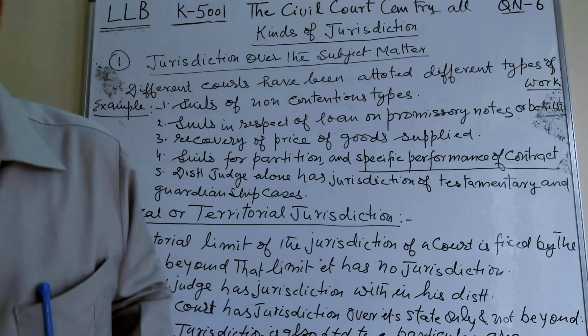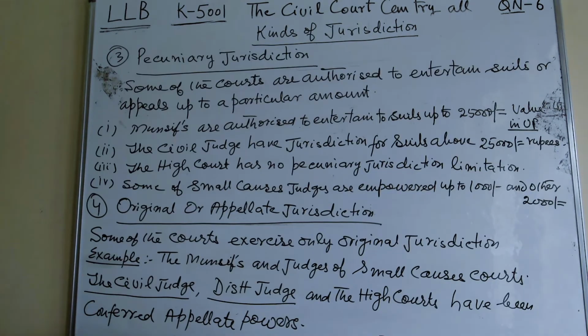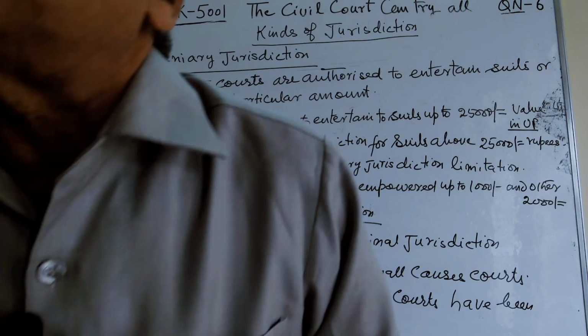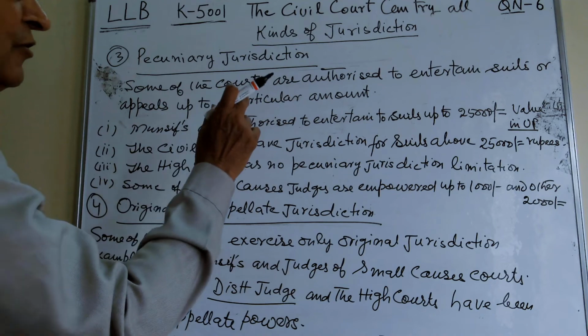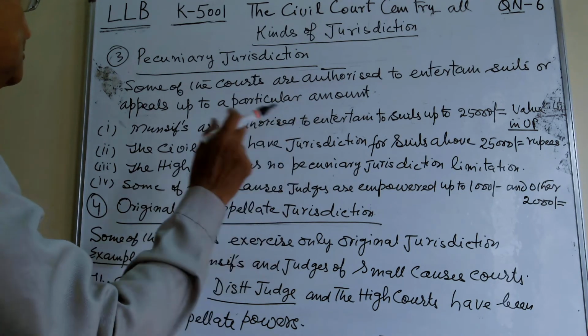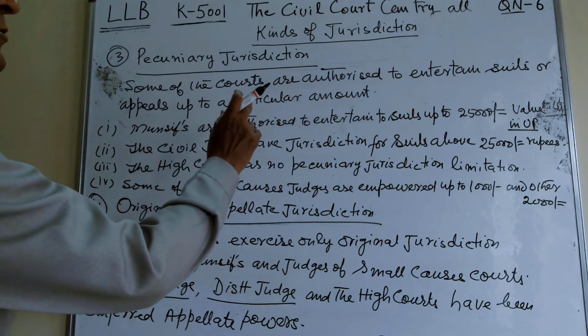Now I am taking third. My dear friends, the third kind is pecuniary jurisdiction. This jurisdiction contains the money matters. Some of the courts are authorized to entertain suits or appeals up to a particular amount.